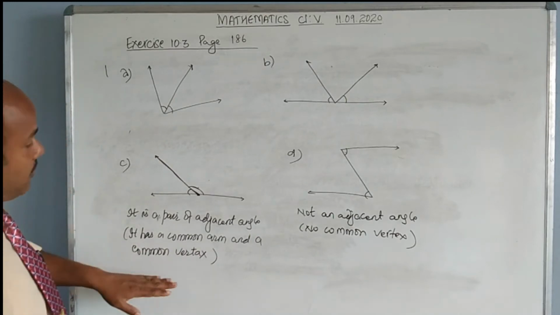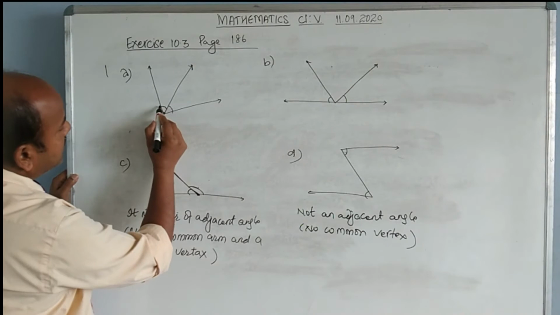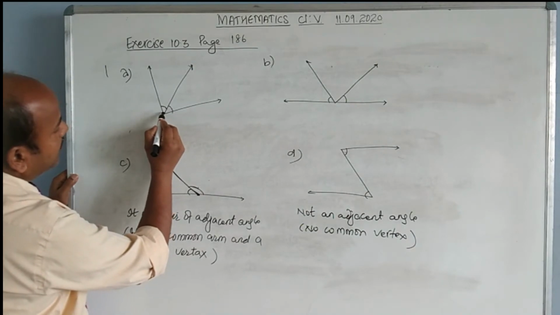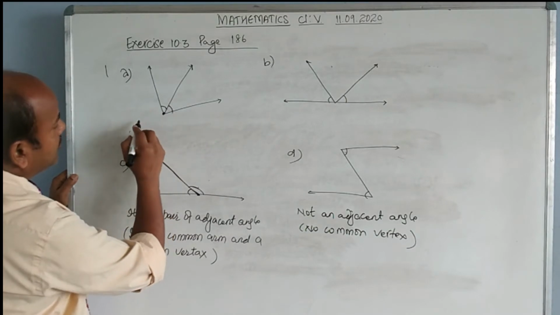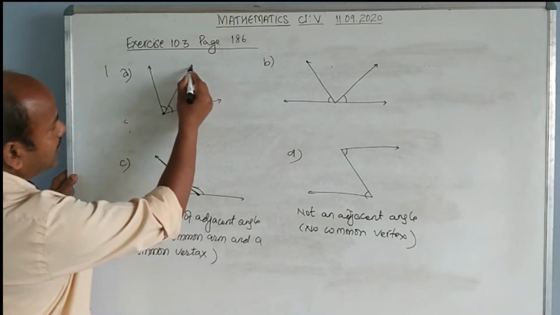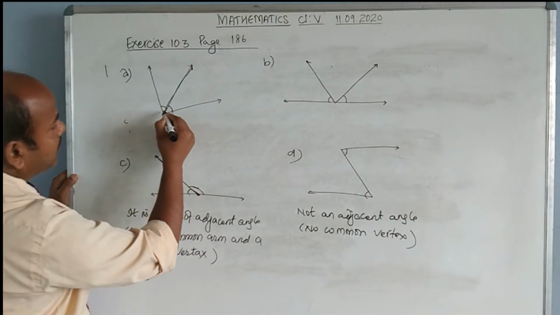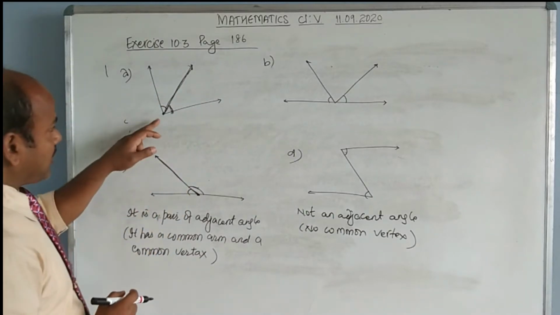So this is this one. Now this one. It has a common vertex. Look at this, the first angle. This point is there for the first angle also, and again this point is there for the second angle also. So it has a common vertex and this is a common arm. That means this line is for this angle also, and again this line is for this angle also. So it is called a common arm and this is a common vertex.